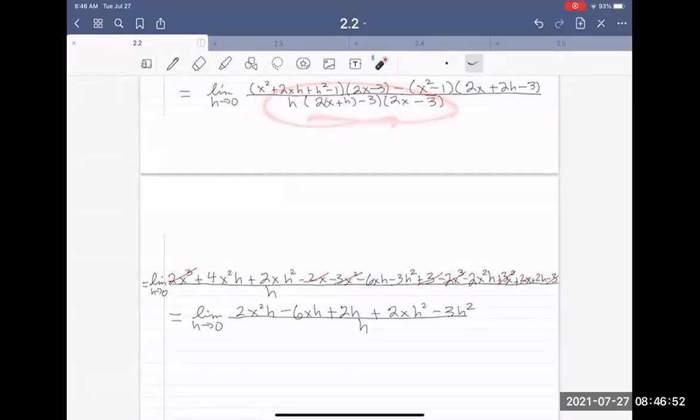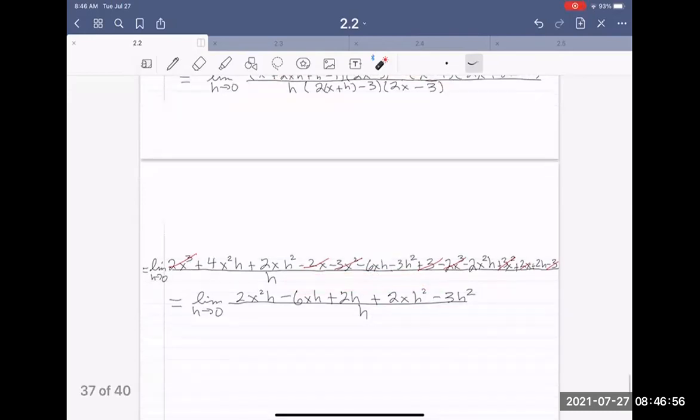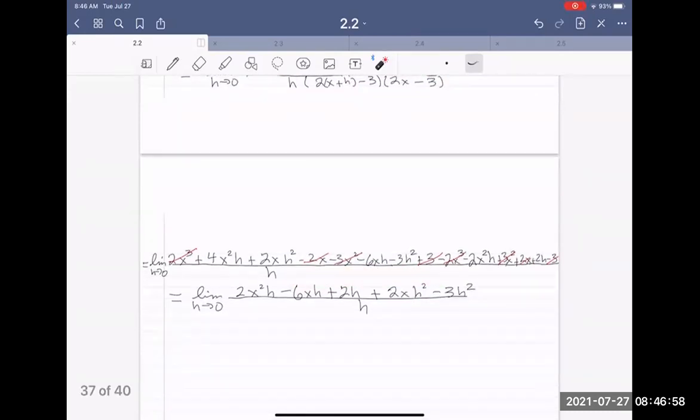My denominator is wrong. It's not just h. There's a whole bunch of other terms in here. So let me write my denominator correctly, times, and let me multiply the 2 inside the parentheses: 2x plus 2h minus 3, 2x minus 3.